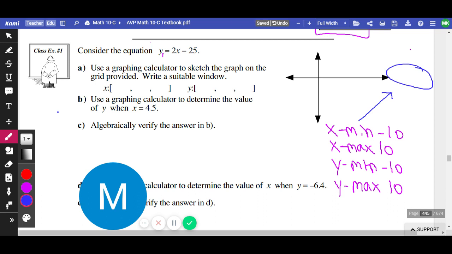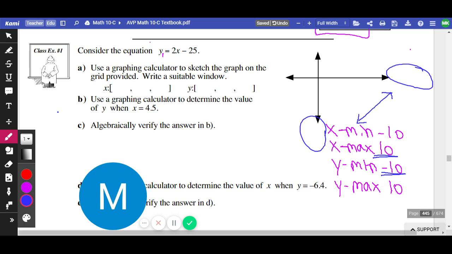And if you go the other way, eventually somewhere down here, you're going to have your y-intercept. So what you need to do is see further right and further down. That means you need to have a bigger x maximum and a smaller y minimum to go lower. That's how I would see further right and further down. I'd go wider and lower. Fix the window. We're going to go fix it.